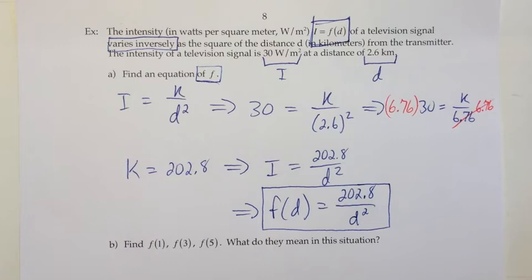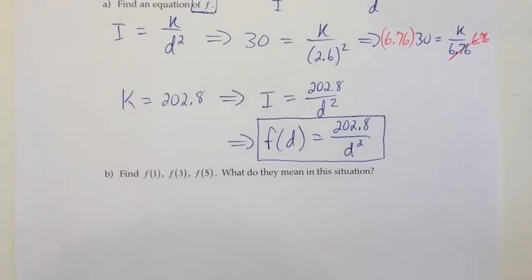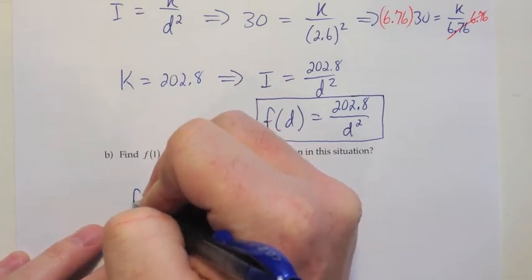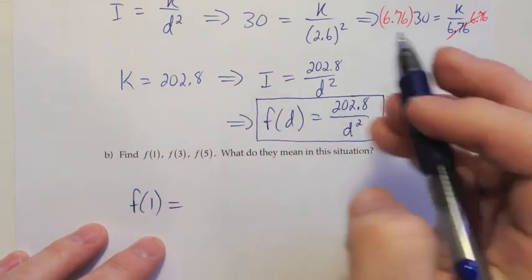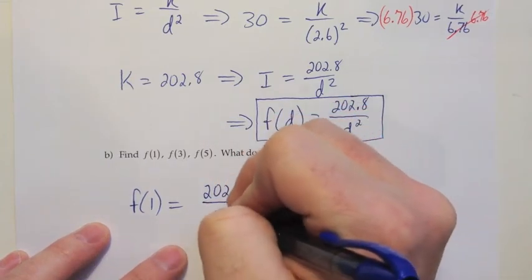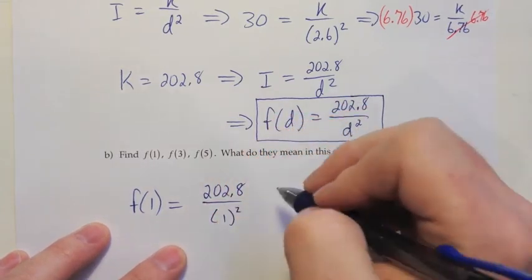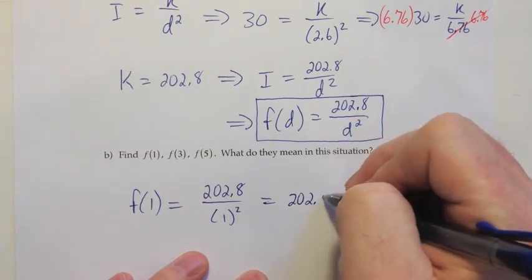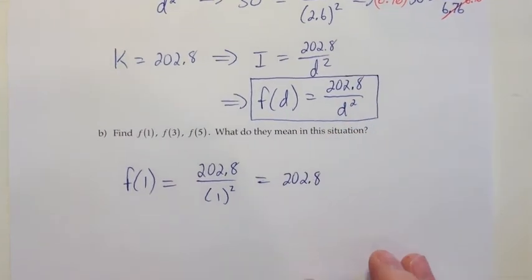Alright, now that we have the function, they ask us to evaluate it and then explain what those things mean. So evaluating we can do quickly. f of 1 would be 202.8 over 1 squared, but 1 squared is just 1, and when your denominator is 1 you don't need it, so 202.8.